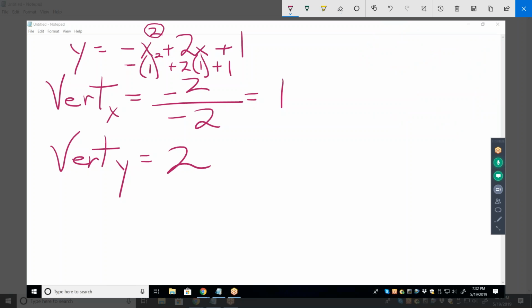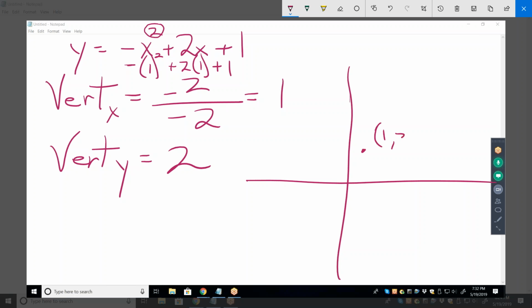Now, we're still not done, because all we've got is the vertex. Vertex is at 1, 2. Does this open up or down? Down. Find 2 other points.